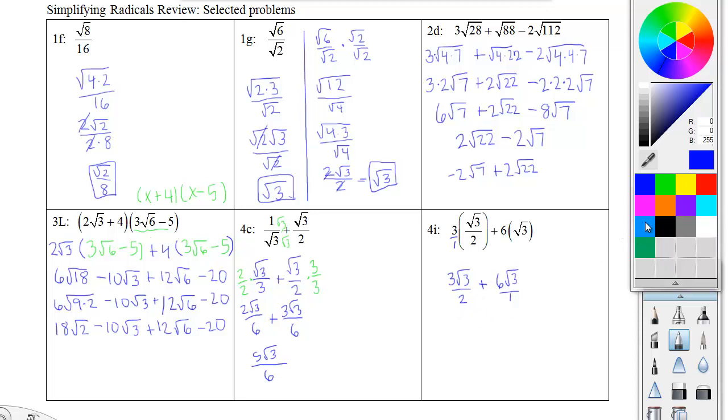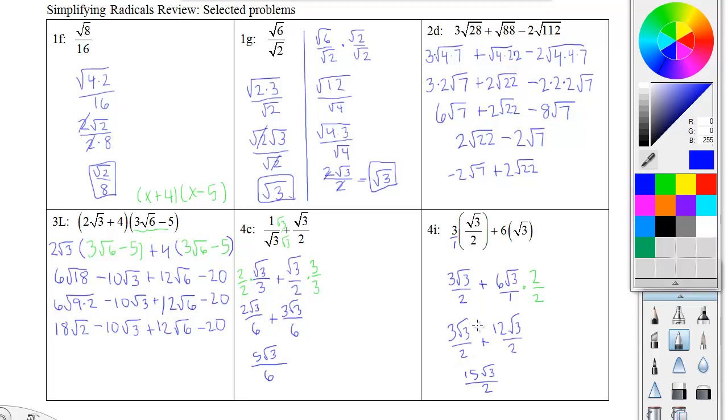And again, we need common denominators. So I'm going to take this fraction and multiply top and bottom by 2. And then we'll get 3 root 3 over 2 plus 12 root 3 over 2, and a total of 15 root 3 over 2.